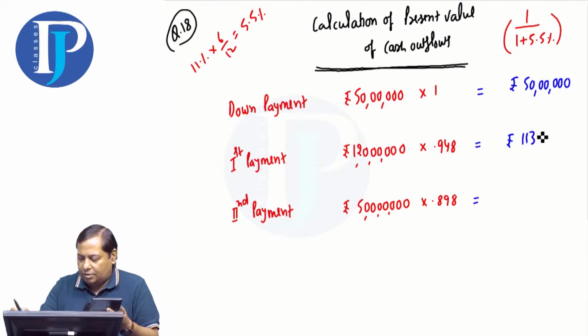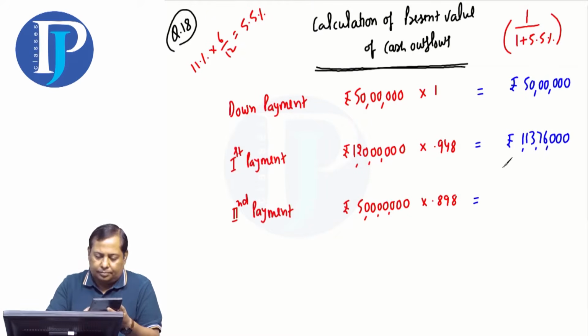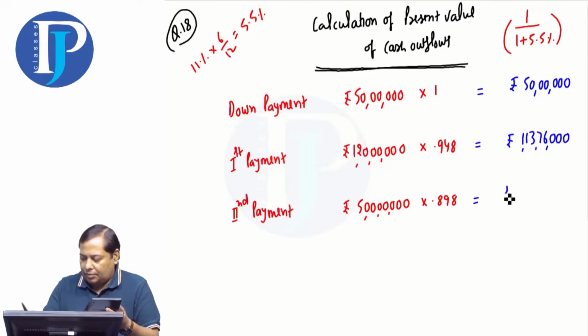One crore 13 lakh, 1 crore 13 lakh and 76,000 rupees. Four crore 49 lakhs.